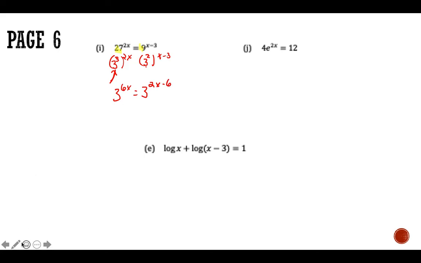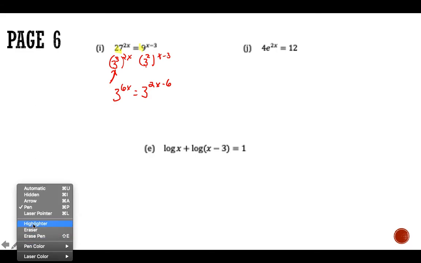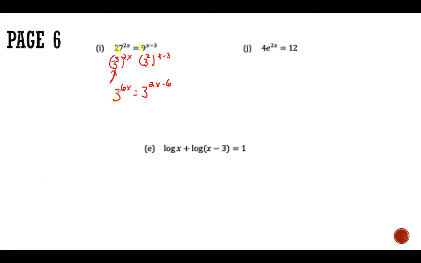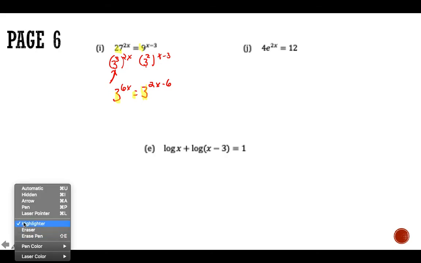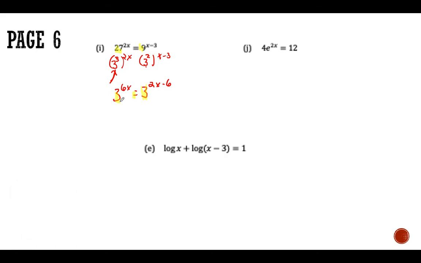Once you have the same base, you can use something called the ignore property. As long as you have the same base and an equal sign, 3 to the something has to equal 3 to the something else.